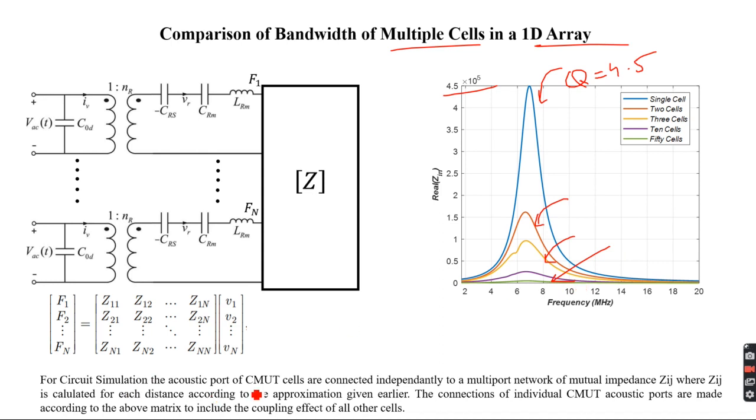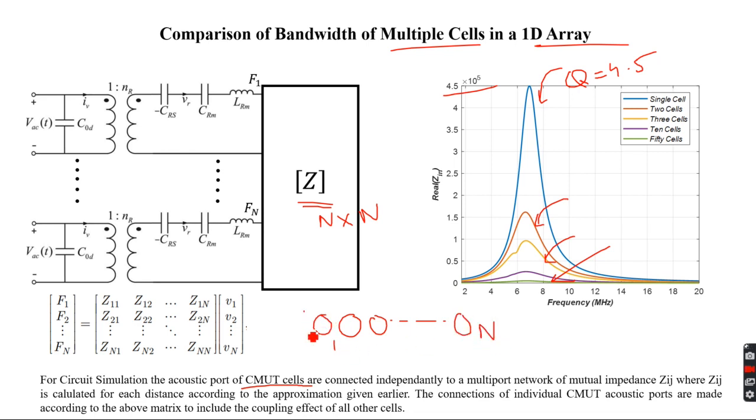So for circuit simulation, the acoustic port of CMUT cells, and you can see this. You can add as many cells as you want, but your matrix is also growing. I mean, it's going to be an n cross n matrix depending on the number of cells you are going to have in a linear array. So n is the number of cells in an array. Okay, so let's say this is my nth cell and this is my first cell.